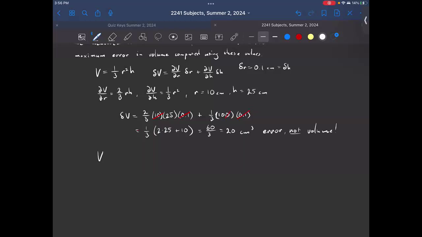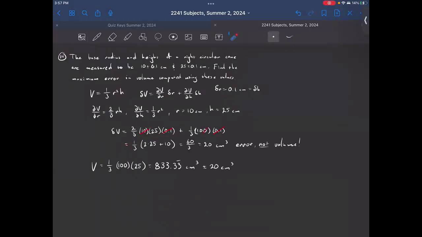So we can go ahead and compute what we think the volume is going to be. 10 squared is 100 times 25, and this is 2,500 over 3, which is 833.33 and so on, whatever. And this would be centimeters cubed. And so we think that this, given our measurements, is at most 20 centimeters cubed off. All right, and that is it for our examples.